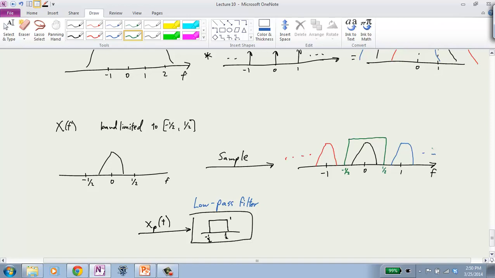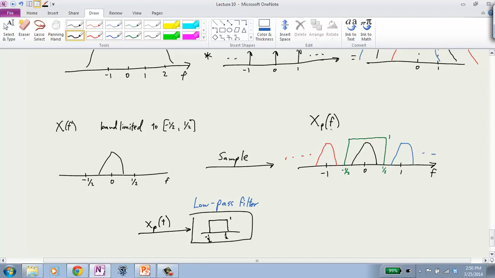Yeah. So if we pass it through this low-pass filter, what I'm talking about now is I just want to remove everything in frequency above 0.5 and below -0.5. But we know how to do that. That's a multiplication with a rect, right? A low-pass filter is exactly multiplying. This over here, remember, is X_p(f), the sampled version of x in the frequency domain.